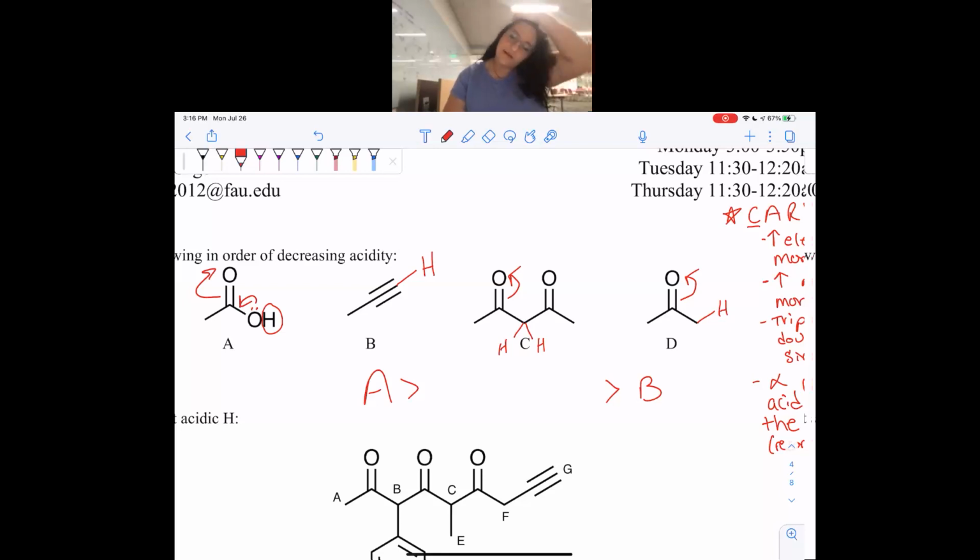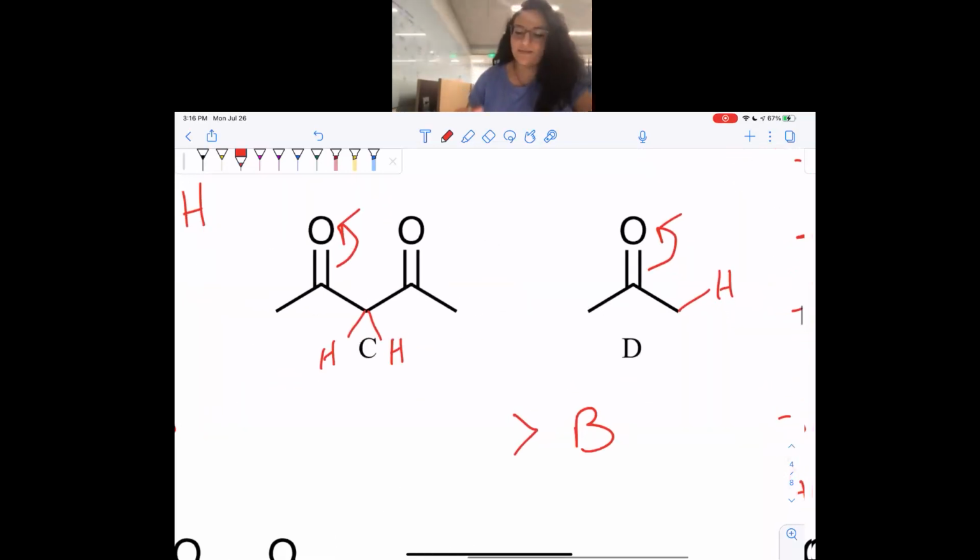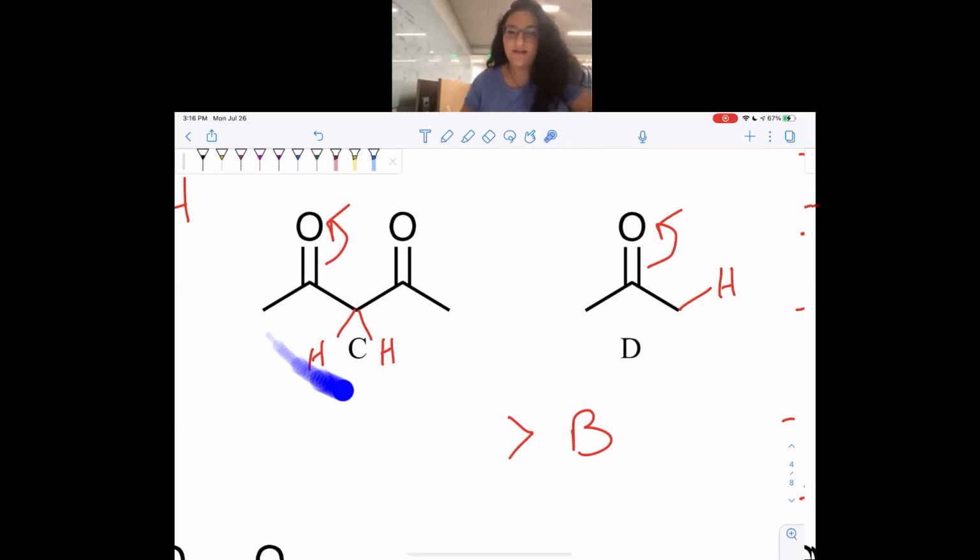Okay, so it is going to be C, and the reason is we look at these and they look like pretty much the same thing, right? The hydrogen is on a carbon which is attached to a double bond, but here we have one carbonyl. Here we have two carbonyls.